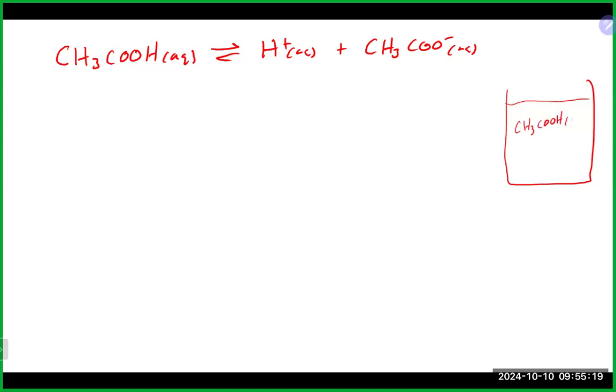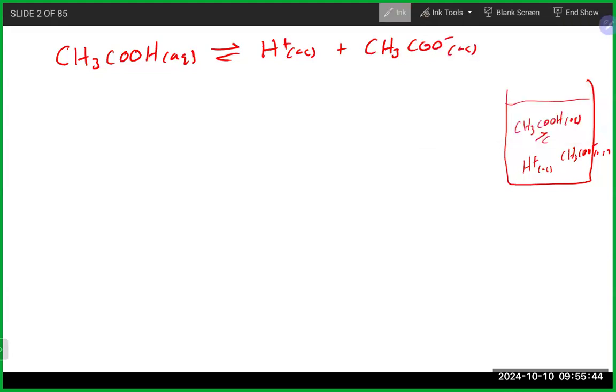It is the main thing that's floating around in the beaker. And we also have a little bit of H plus floating around, and a little bit of our acetate floating around in the beaker to begin with. So if we have this acetic acid in that beaker, it will set up that equilibrium.